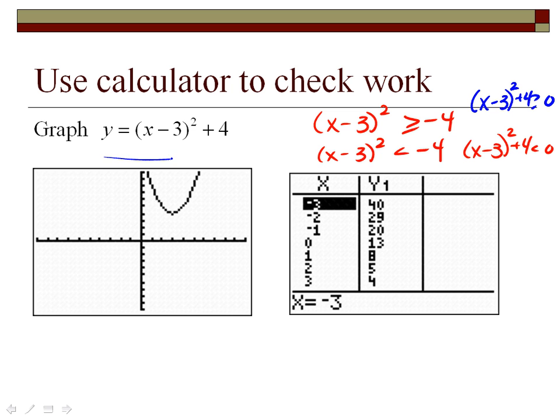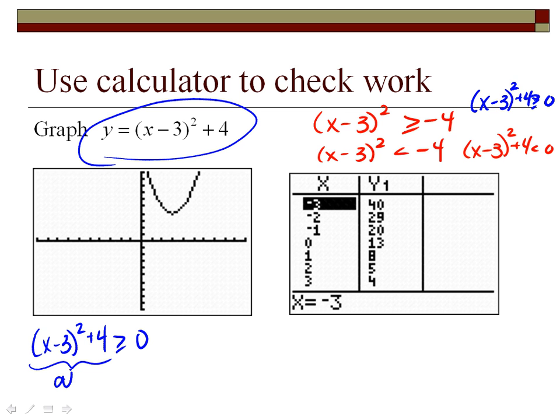So if we plug into y, x minus 3 squared plus 4, and graph, well, greater than or equal to 0 is saying where is that graph above the x-axis? Well, the graph is above the x-axis everywhere. So that would tell us that the whole number line is a solution.